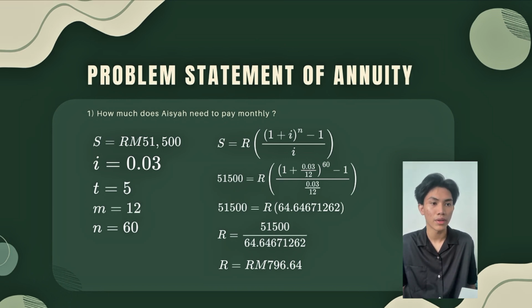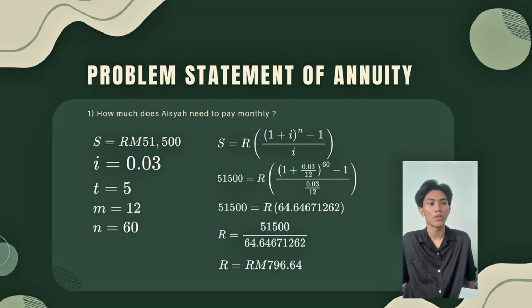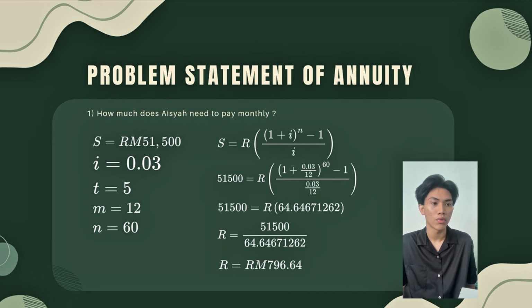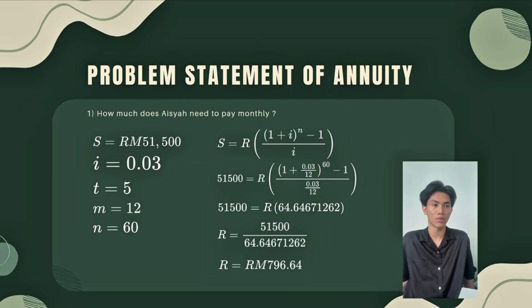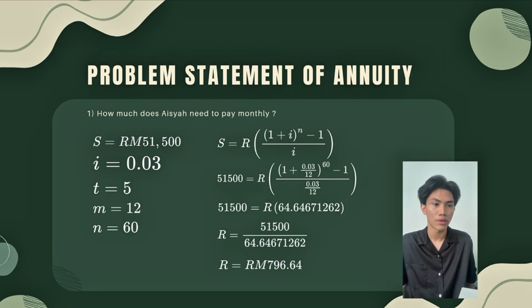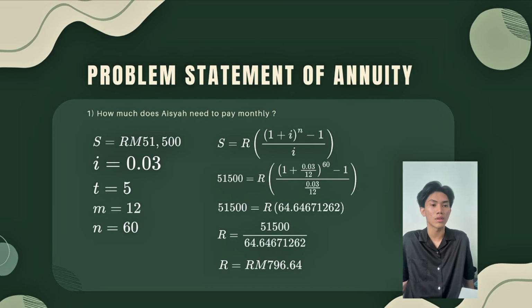So 51500 equal to R, open bracket, open bracket, 1 plus 0.03 per 12, close bracket, power 60, negative 1 per 0.03 per 12, close bracket. 51500 equals to R, open bracket, 64.64671262, close bracket.